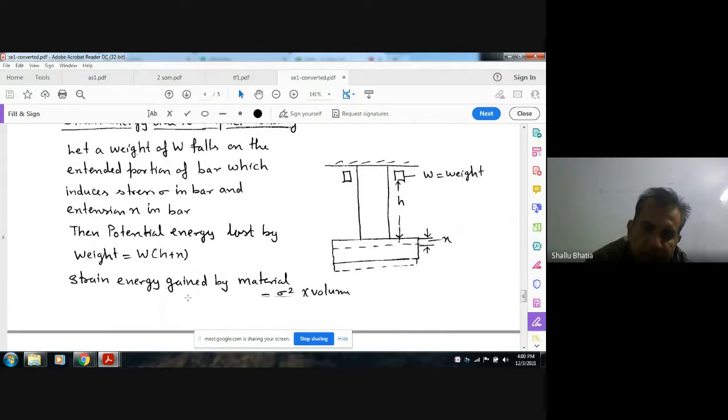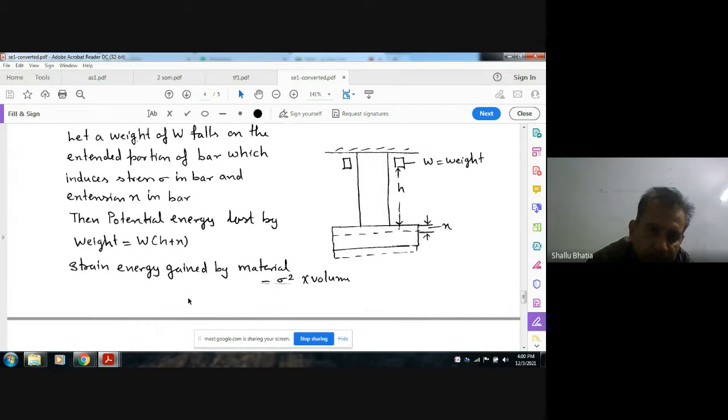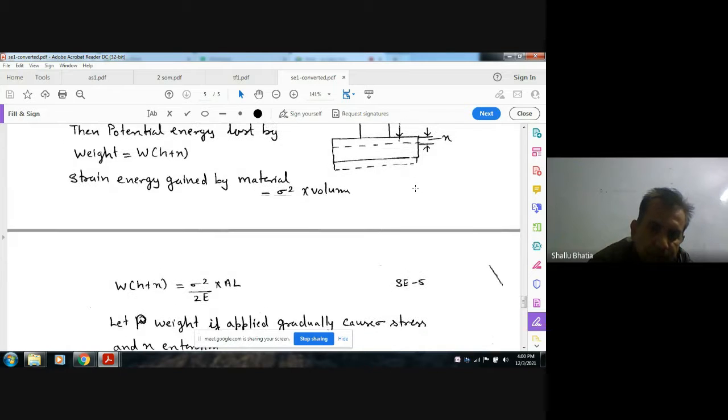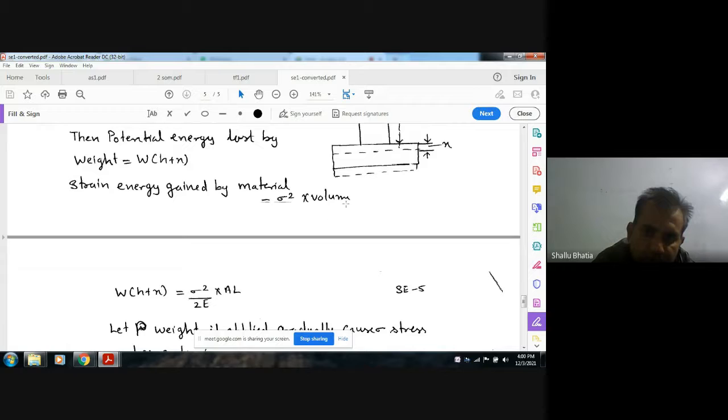Now the material will gain some strain energy, which is sigma square by 2E per unit volume. If you multiply it by volume, then it will be this.